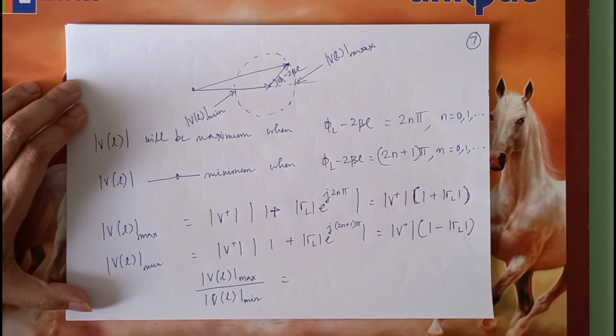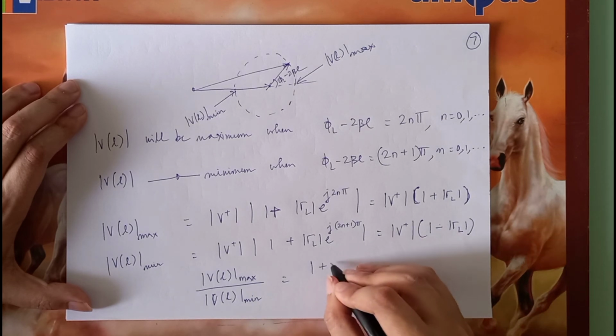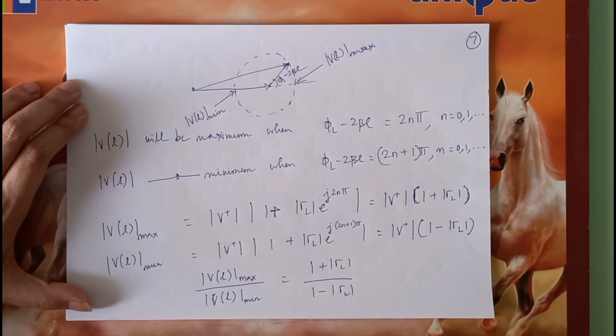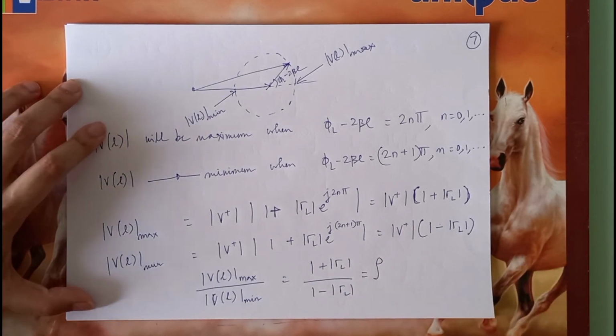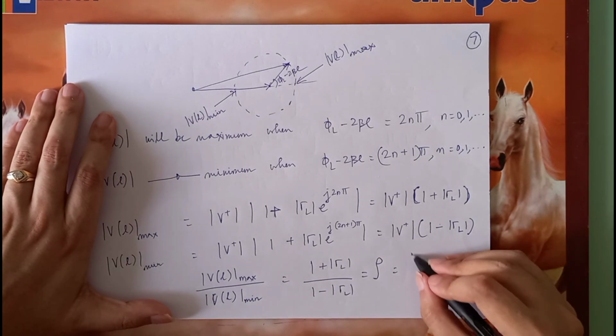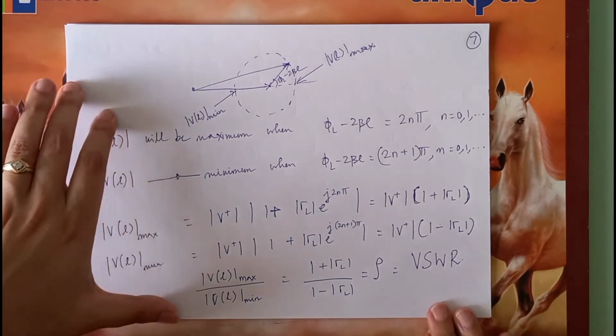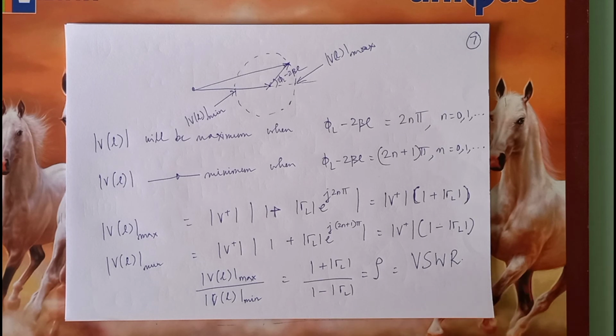V plus and V plus would get cancelled and we would get 1 plus mod gamma L divided by 1 minus mod gamma L. This ratio is termed as a quantity called rho and is called the VSWR, the voltage standing wave ratio. Why standing waves? The reason we will see shortly, probably in the next class. But it is important to know that this is what happens.